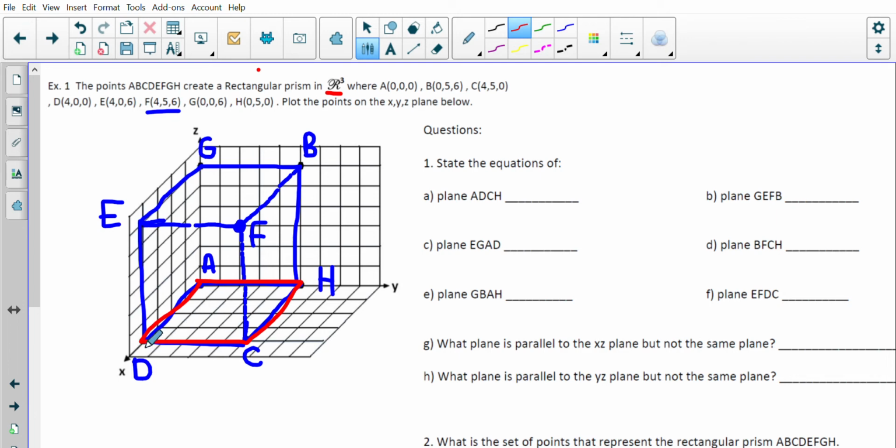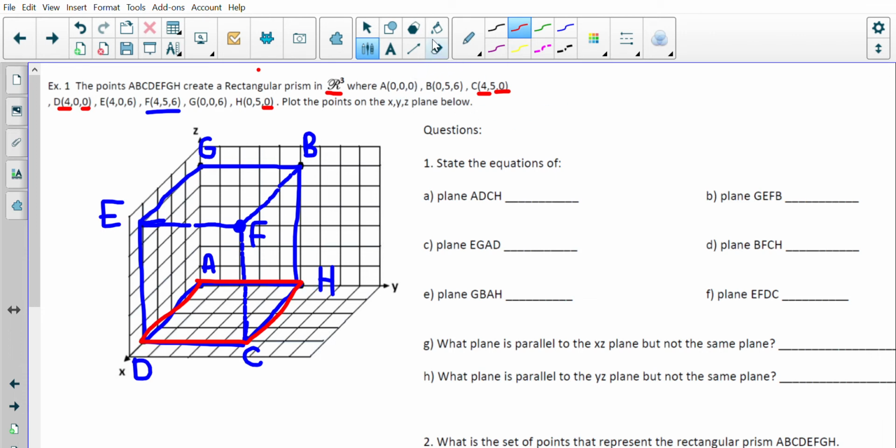And so, like, if you look at point D, it's 4, 0, 0. C is point 4, 5, 0. Okay, see what they have in common there? The Z value is 0. Also, the X value is 4. Okay, so now I try H, which is on this plane, and point H is 0, 5, 0. Well, the Z is a 0, and then point A, well, it's 0, 0, 0.